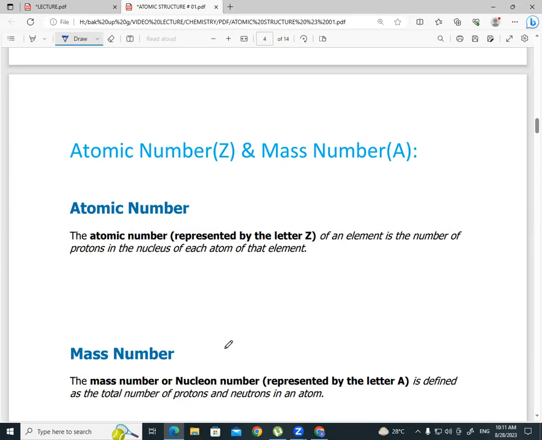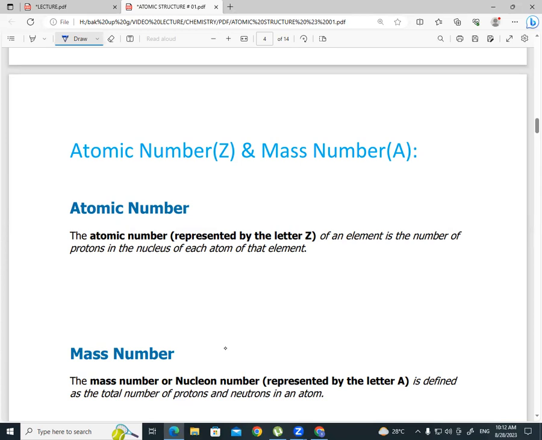It remains the same. If an atomic structure diagram is given, then we will count the number of protons in the nucleus. On behalf of this number of protons, we will identify the atom of the element.